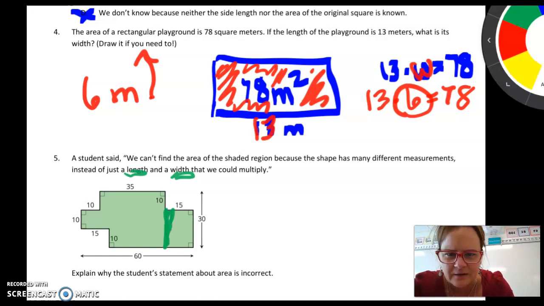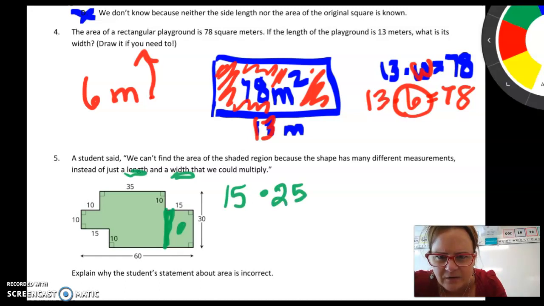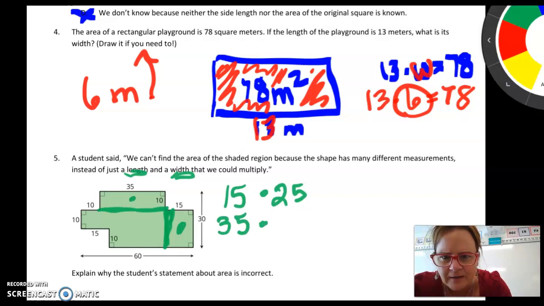This one right here would be a 15 by, what would that be, 15 and 10, 25? Yep, 15 times 25. This rectangle, how should I have chopped that up? This top one is going to be 35 times whatever this is, and if that whole thing is 30 and this much of it is 20, then that's going to be 10.